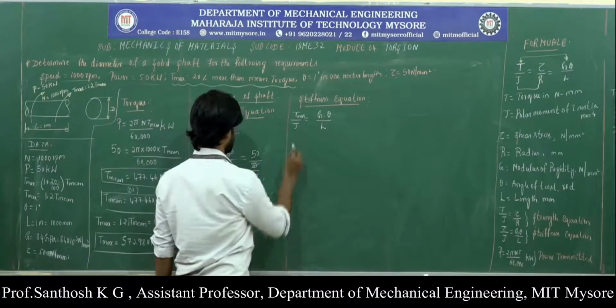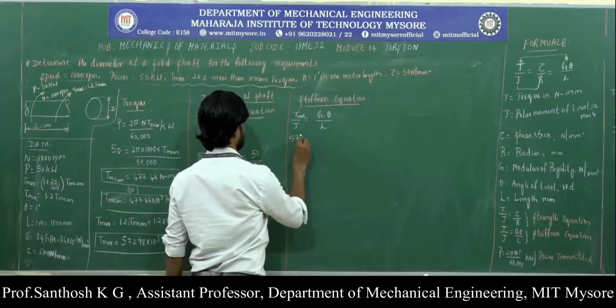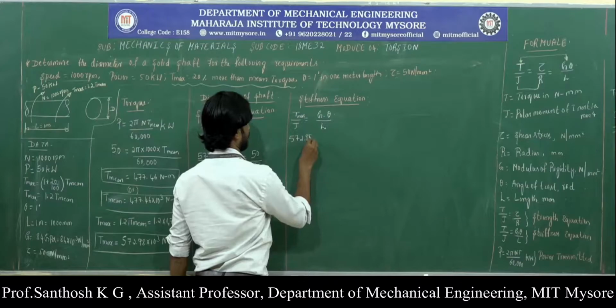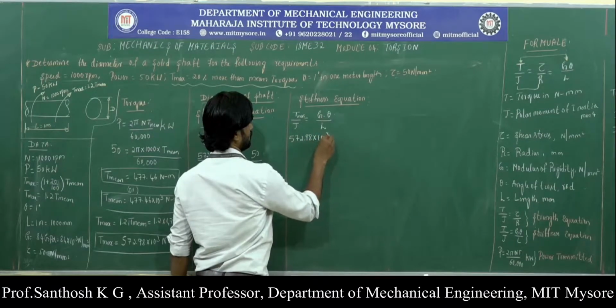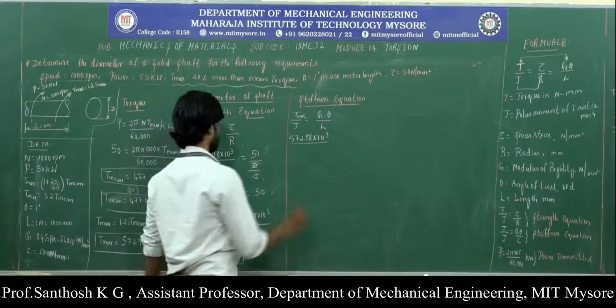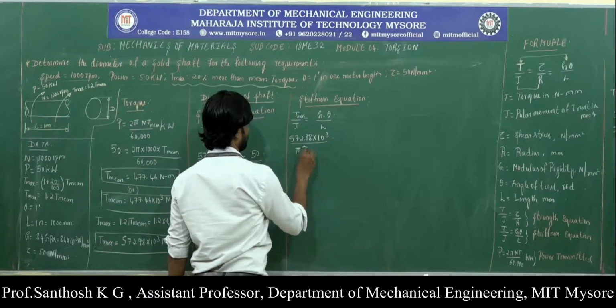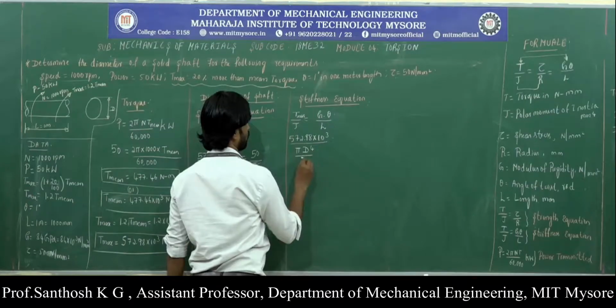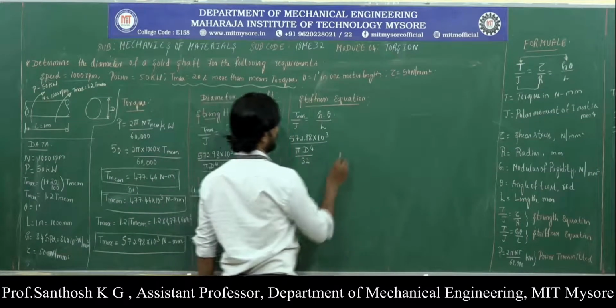So, T max is 572.98 into 10 to the power of 3 divided by J. J is pi into d to the power of 4 by 32.